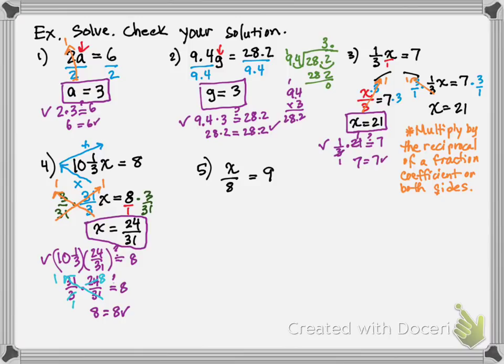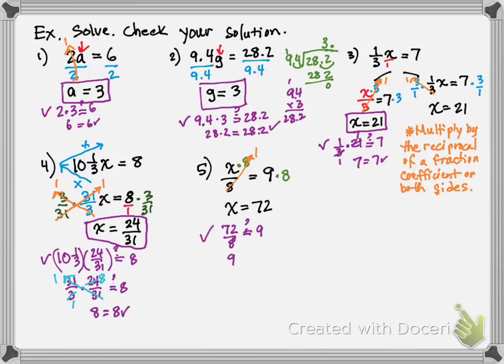The inverse of dividing by 8 would be multiplying by 8. Over here I can multiply on both sides. So what happens? 8 divided by 8 is 1. 1 times x equals x. And 9 times 8 is 72. So now we're going to check, and is 72 divided by 8 actually equal to 9?